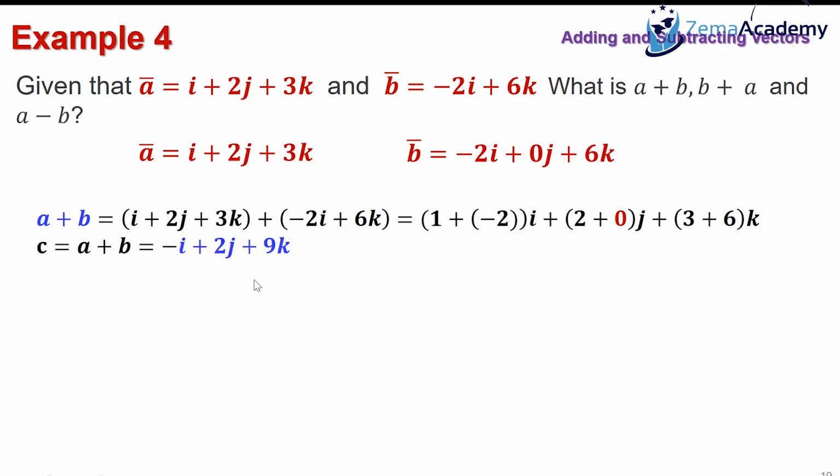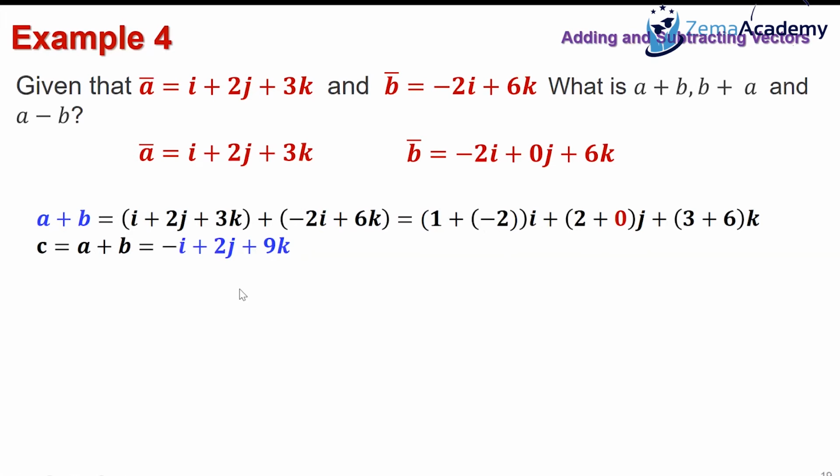Now A plus B: the A vector and B vector, you are adding the vectors, and the resultant is another vector C. This is the magnitude of this resultant vector C: the I component, as you can see, is minus i. So in the x direction, your answer over here is minus 1.